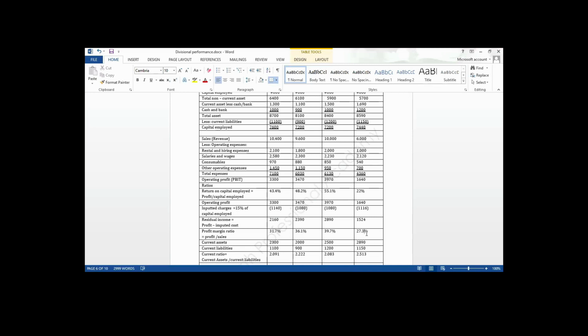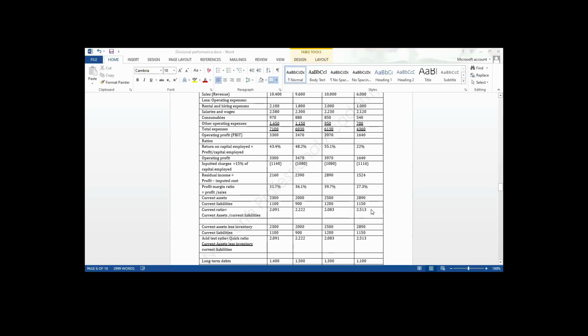So we are trying to explain acid test ratio. In this particular question, there is no inventory.